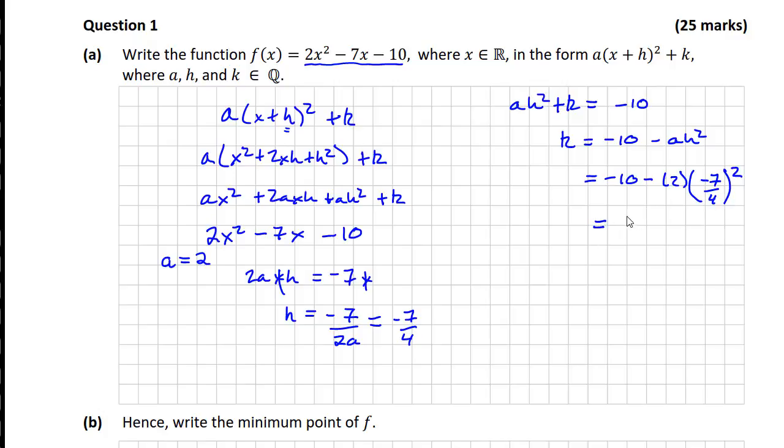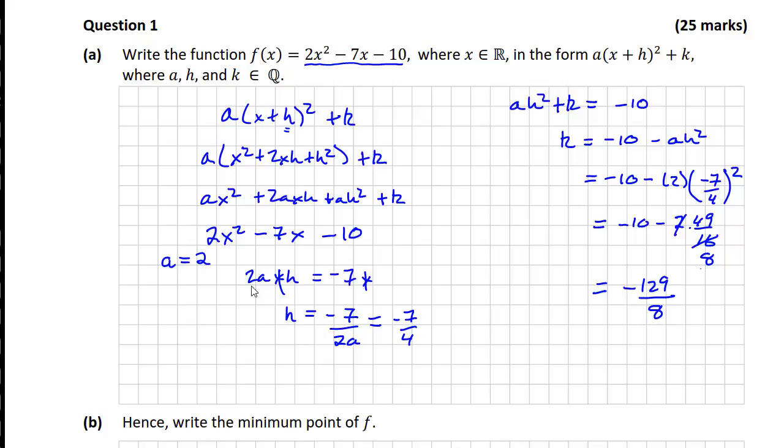And that is equal to minus 10 minus 2 times 49 over 16, which will give us an 8. And that is equal to minus 80 over 8 minus 49 over 8, which is minus 129 over 8.